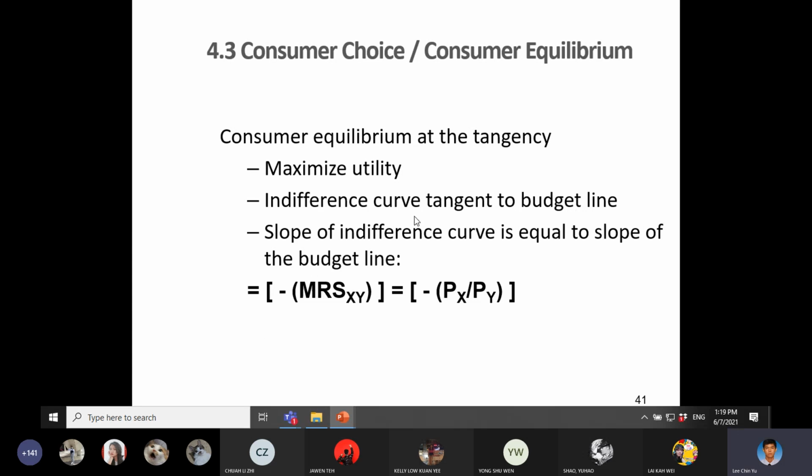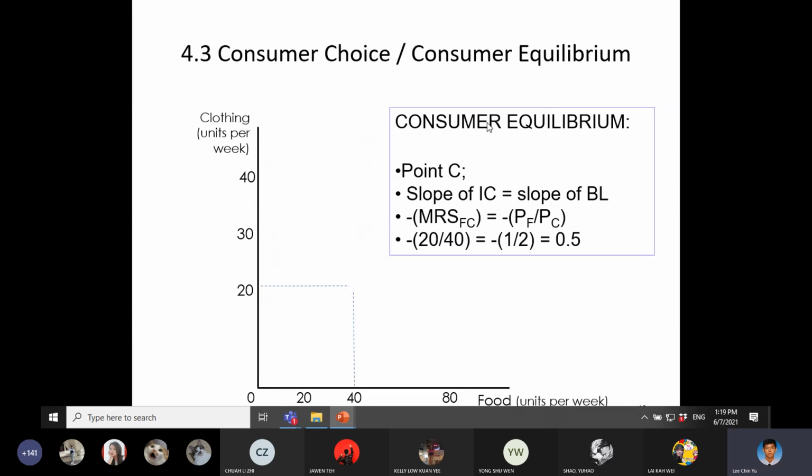Must be tangent. We use the word tangent, but we don't use the word intercept. So in the graph, this is our budget line. When we say tangent, this is the situation, point C. So if the slope for the MRS is, let's say, we calculate based on 20 divided by 40, how do we calculate?